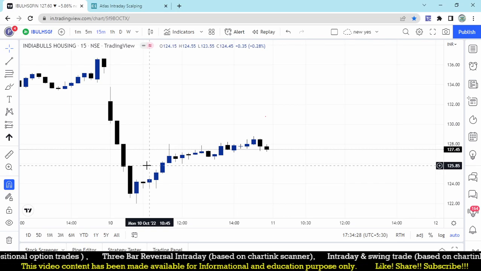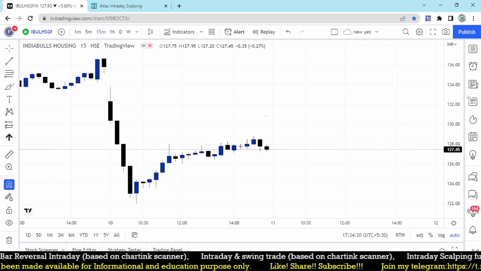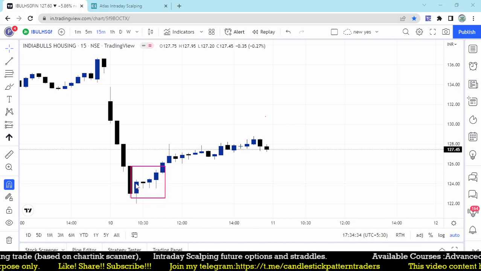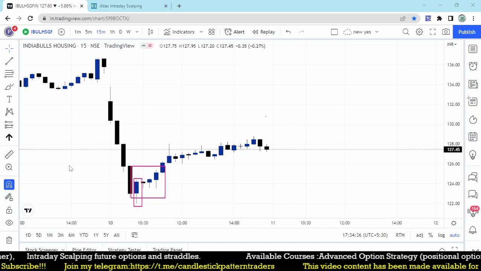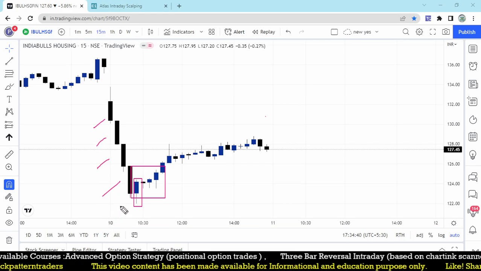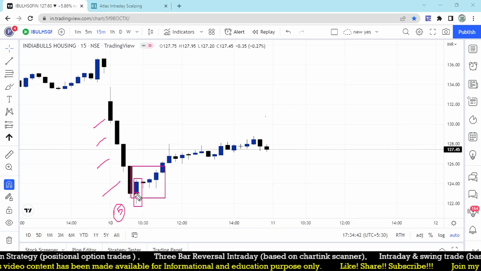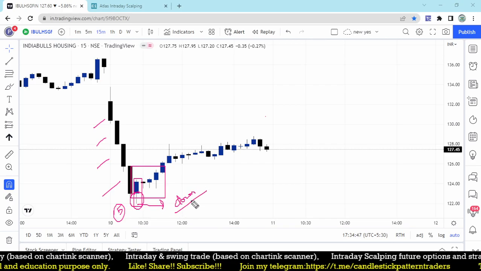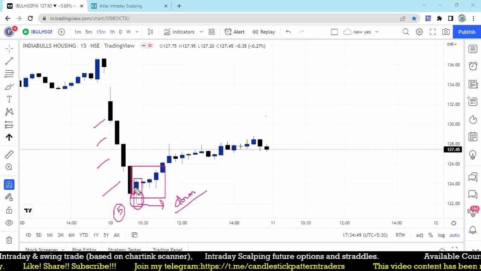There is a recovery phase happening at this time, and this candle we can consider for a recovery. This would be the confirmation candle: after 4 consecutive downs, the 5th one should be green, and you can see there is a rejection on the downside. That means there is buy pressure, and the candle closed green.